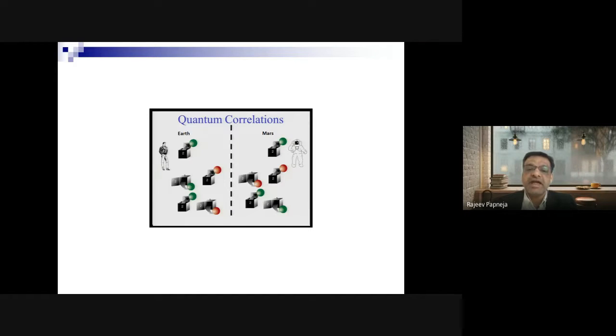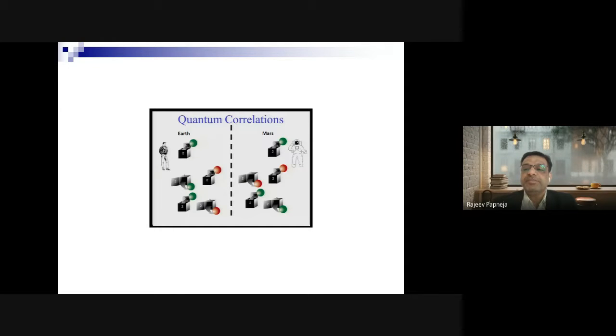But whatever I see, my friend on Mars is guaranteed to see the same as well. If we both open door number 2 again, what I find could be red or green, but if my friend opens the same door on Mars, he'll see the same color that I do.